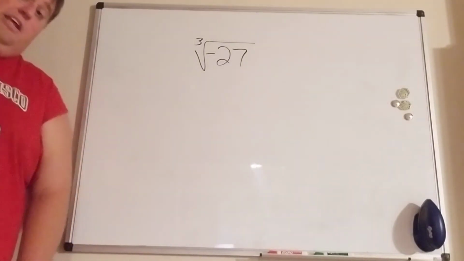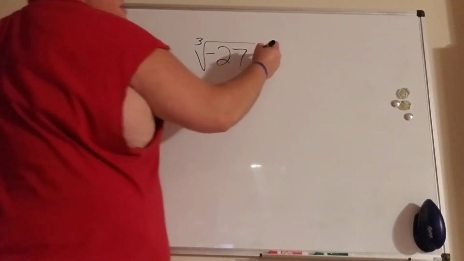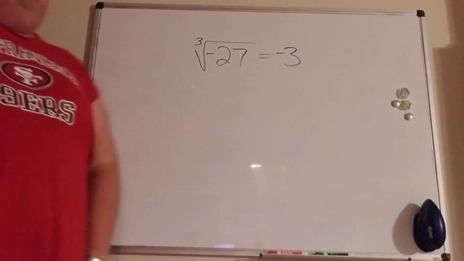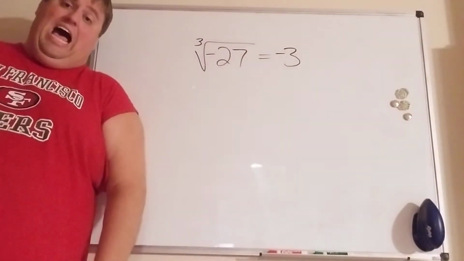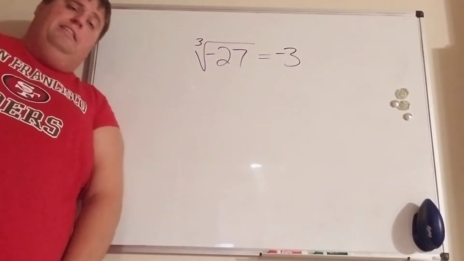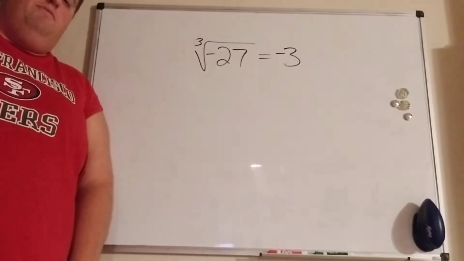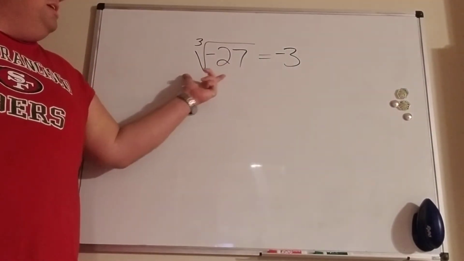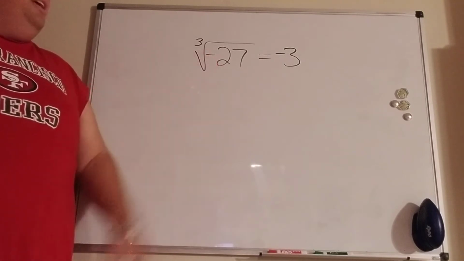But in a cube root, you can. That's negative 3. Because negative 3 times negative 3 is 9, and 9 times negative 3 is negative 27. So in a cube root, I can have a negative on the inside.